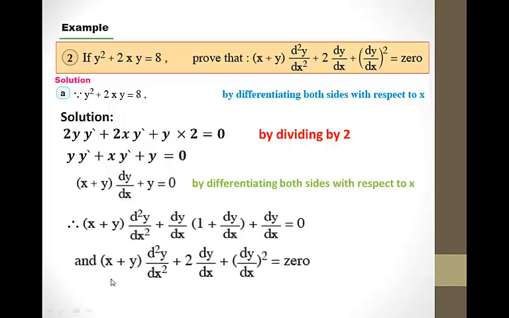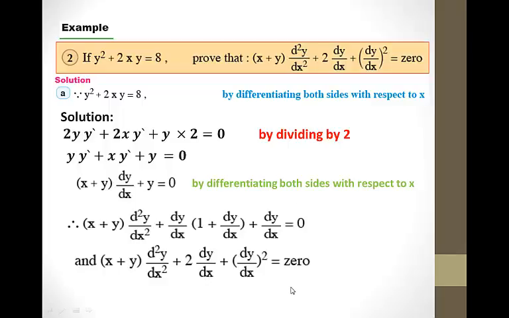And here we want to write the result as the required. How do we get this result? We have x plus y, d2y by dx squared, plus when you multiply dy by dx by 1 and you add it by dy by dx, you get 2 dy by dx, plus dy by dx multiplied by dy by dx, you get dy by dx all squared.